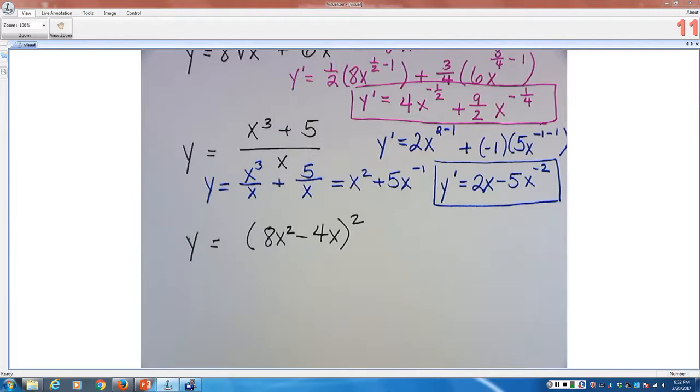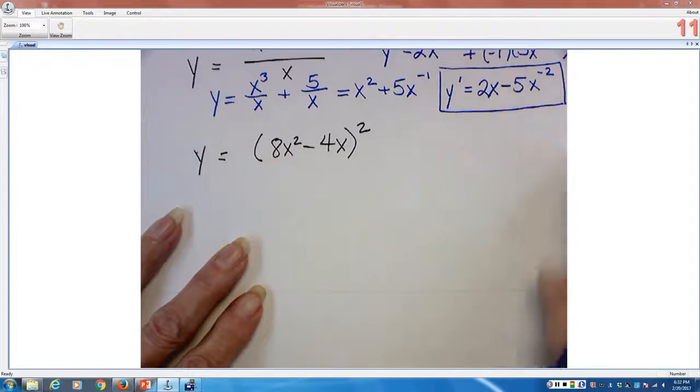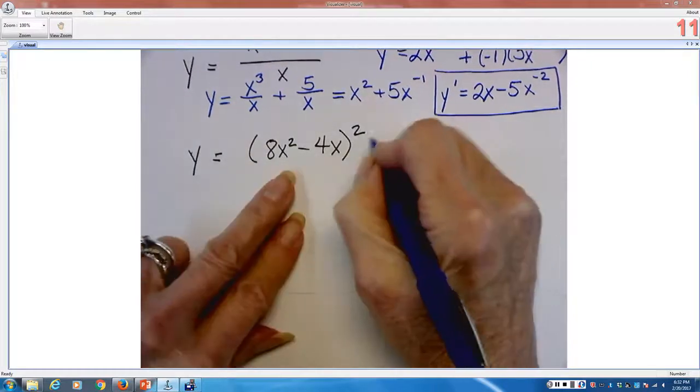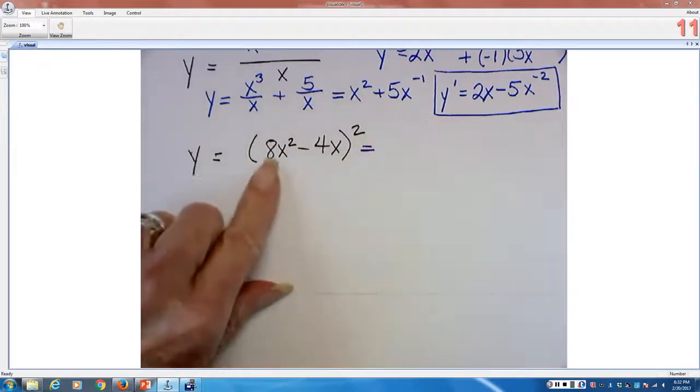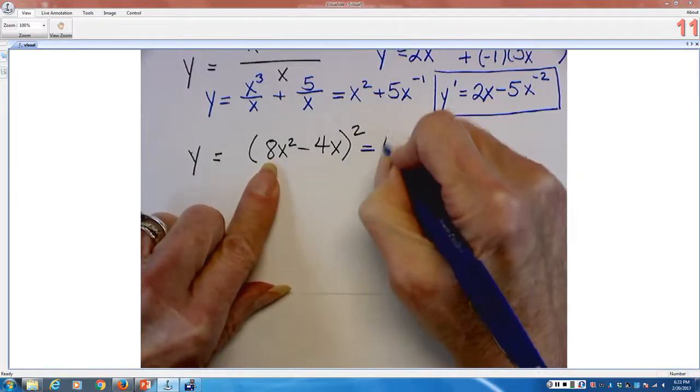And there's actually another way to deal with the last one, but we haven't learned it yet, so for right now, we're going to deal with it exactly the way we have a rule for it, which is we're going to multiply it out. So 8x squared is 64x to the fourth.